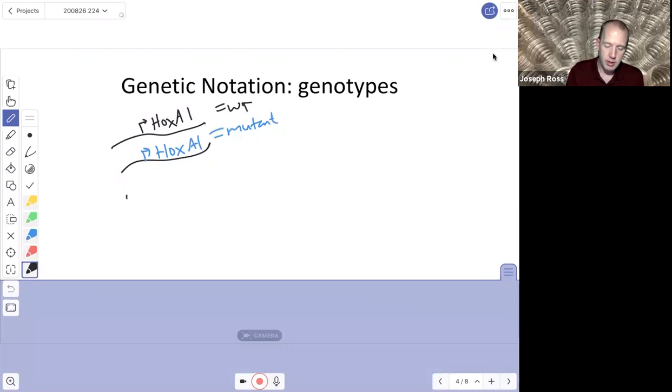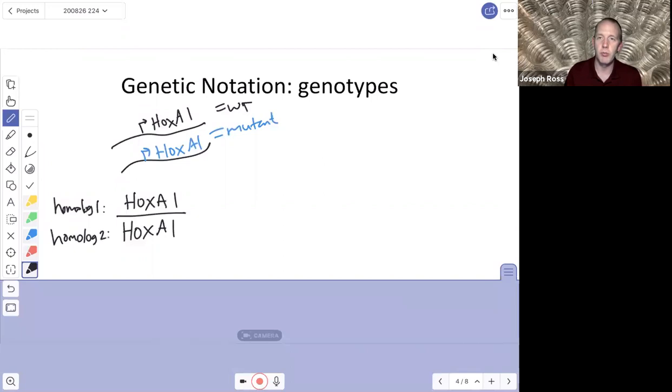The individual could be, if they're diploid, which mice and humans are, homozygous, HOXA1 over HOXA1. This indicates homolog 1, its allele, and then the allele of this gene on the other homologous chromosome.